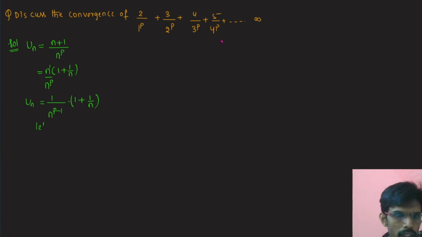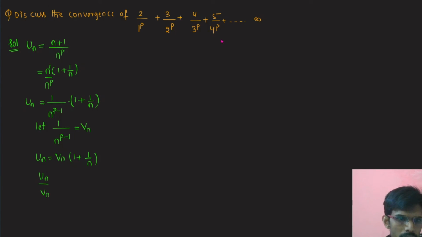Now let us take this 1 by n power of p minus 1 as some vn. Now un will become vn into 1 plus 1 by n. Now divide by vn on both sides. We have un by vn is 1 plus 1 by n.